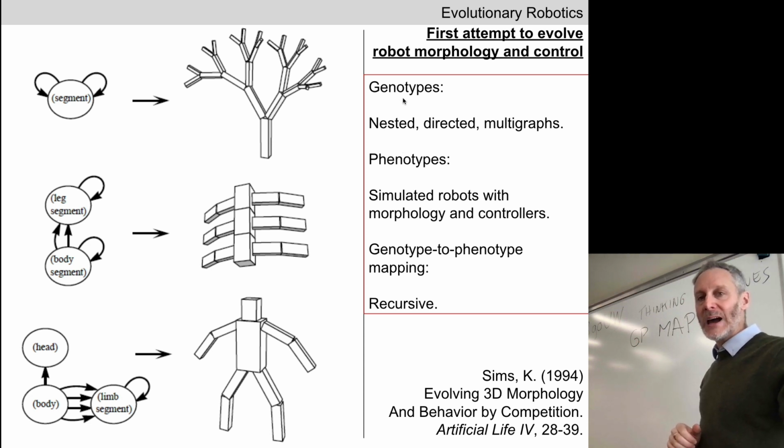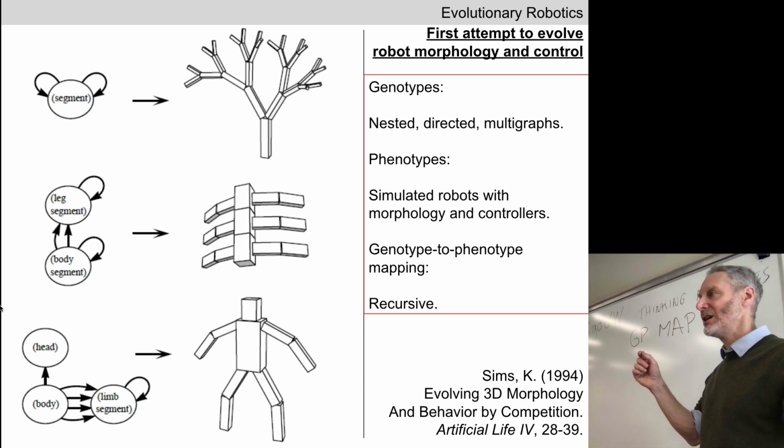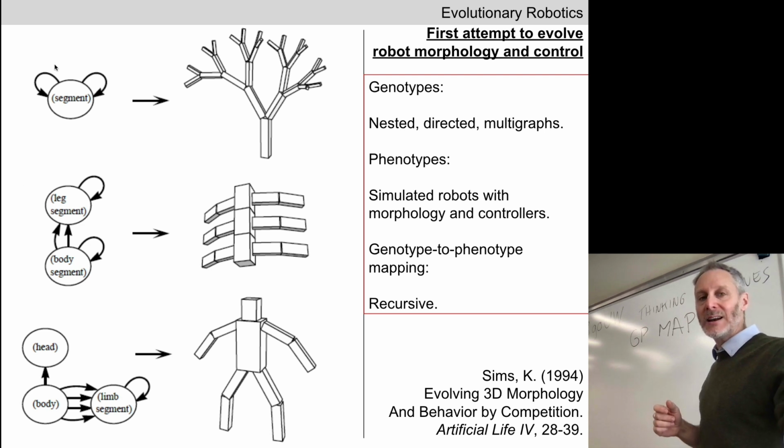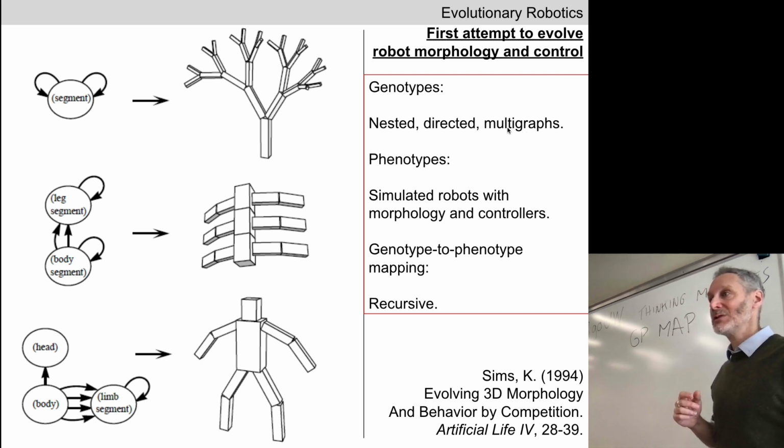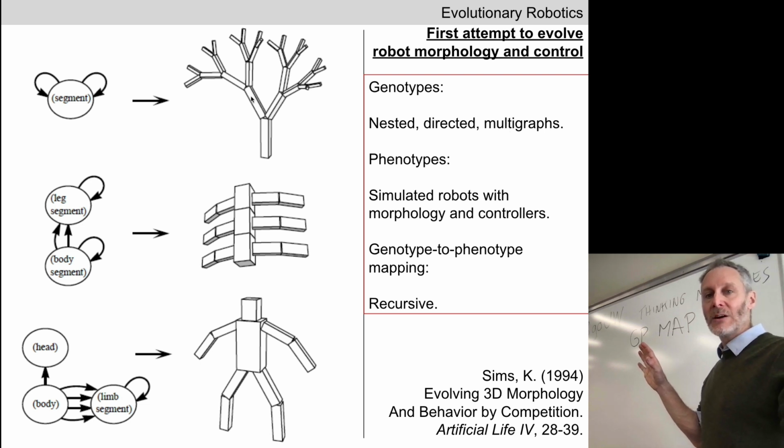Today we're going to look at genotypes that are encoded as graphs. A graph is made up of a series of nodes, the circles that you see over here, and edges that connect nodes together. That's a graph. The genotypes in the Sims work are particular types of graphs: nested, directed, multigraphs. So we'll unpack each of these three adjectives as we go. But for now, we're going to think of these genotypes as graphs.